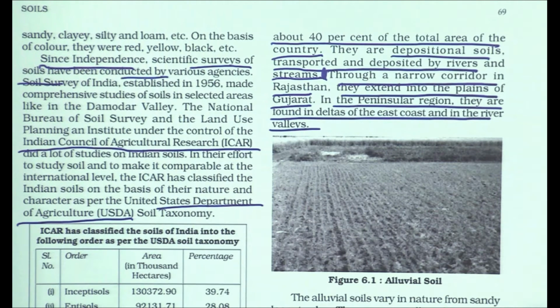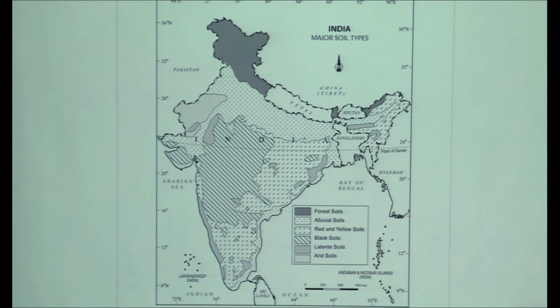Let us see this NCERT map. Alluvial soil is identified in a narrow belt extending from Punjab, Haryana, eastern Rajasthan to Gujarat. And then it is the entire northern plains of India, the Gangetic plain, Hooghly plains, Brahmaputra plains.